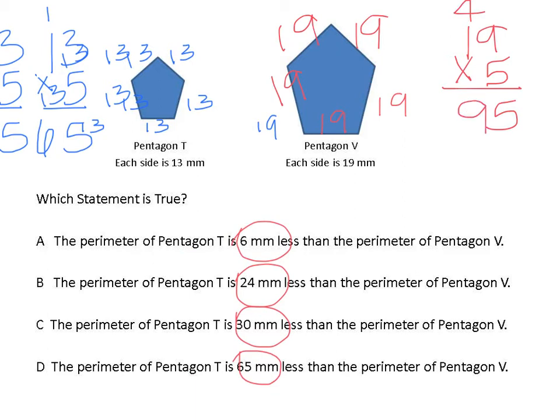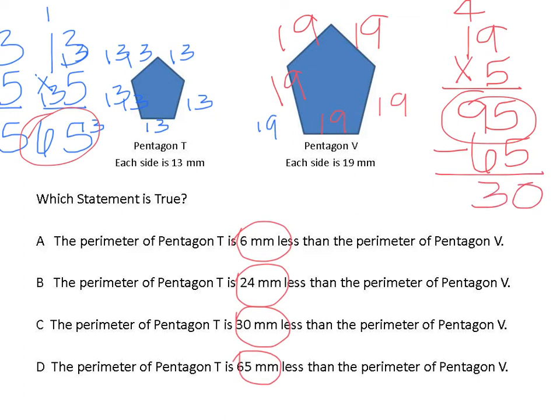And we have a perimeter of 95. So now if I want to find the difference between the two, I can do 95 minus 65. And I can see that the difference is 30.